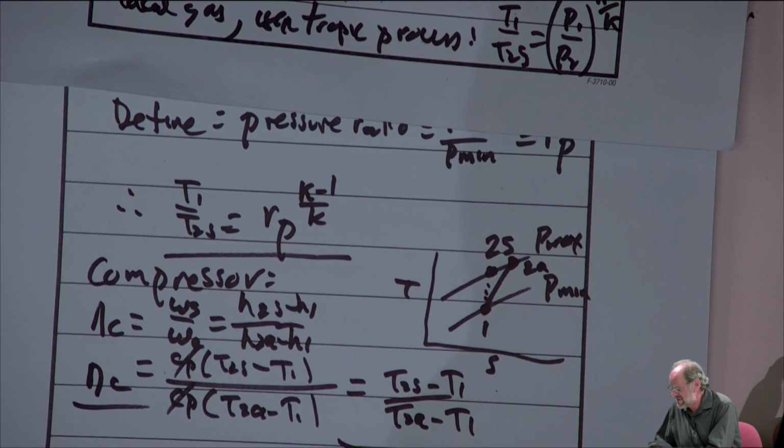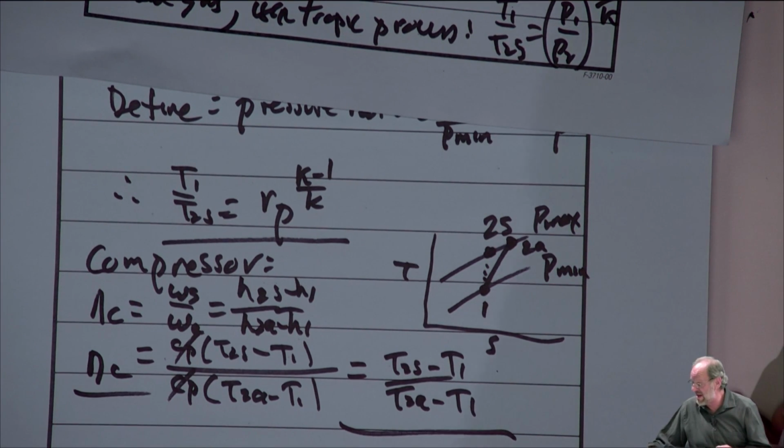And again, this gives me the same problem that I had above, right? We have the equation in terms only of temperatures. That's simple enough, but how do we get the temperature at 2S so that we can then apply this isentropic efficiency equation to get the temperature at 2A, the actual temperature at the discharge from this compressor? Well, we've got the same equation, right? It's still an isentropic process.